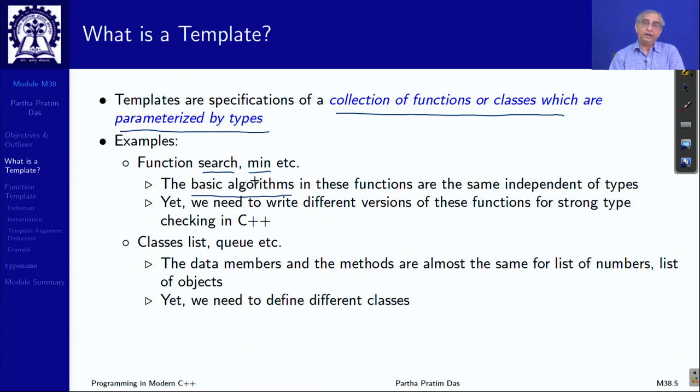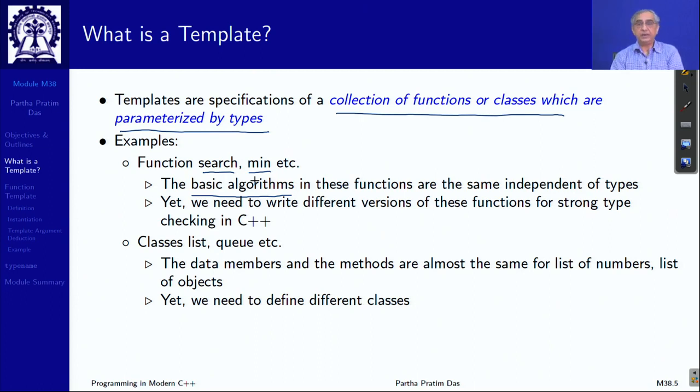But we need to write different versions of the code because there is a strong type checking in C++. Right? For every type of data for which I want to do a search, I need to have a separate function. Similarly, a lot of data structures like stack, list, queue, all of these have the same data members, the same methods, because that is the behavior of the data structure, but they need to be written with every possible type of data element.